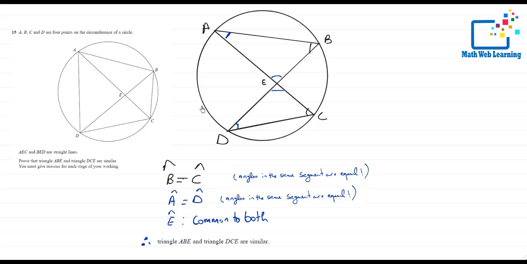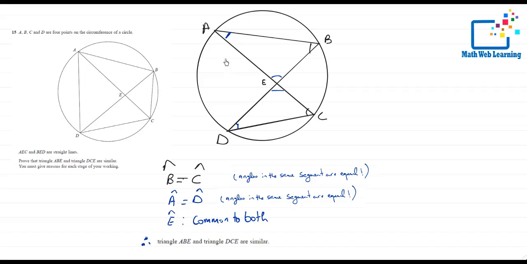Because I realized there's one thing here. In order to prove that two triangles are similar to each other, you need to show that all the corresponding angles inside these two triangles are equal. With too many lines, it's a little bit confusing, and it doesn't allow you to clearly see what's going on in that circle.